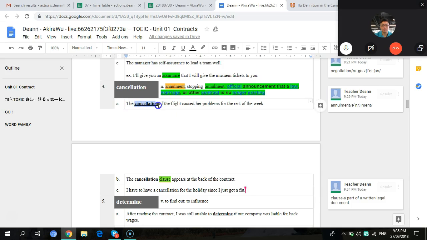Cancellation number 1 or letter A is stopping of the flight, like the flight will not continue anymore. Okay, letter B, the cancellation clause. The clause here is a part of a legal document, which is called cancellation clause.